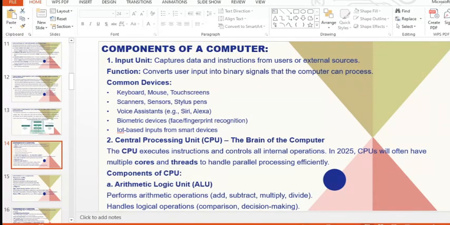Anyway, so then we have, what are the common devices of the input unit? We have the keyboard, the mouse, the touch screens, the scanners, the sensors, the stylus pens. Of course, you have the voice assistants, which are embedded with Siri, Alexa.